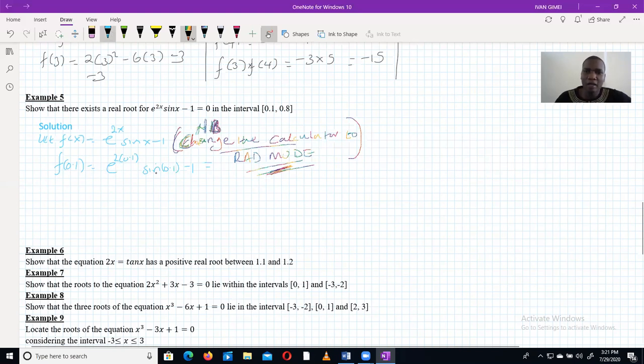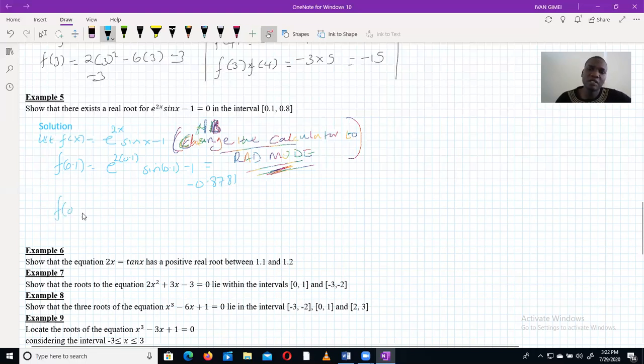So in rad mode, what will I get? Let me get the answer here. In rad mode, we shall get f of 0.1 as negative 0.8781. That is f of 0.1.